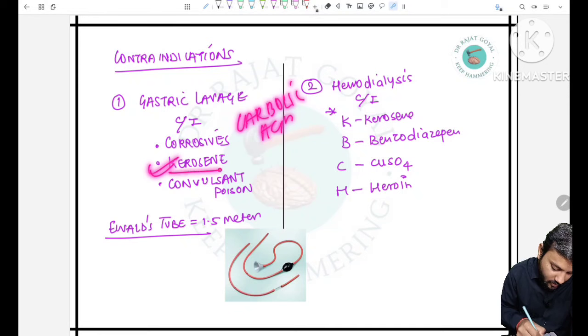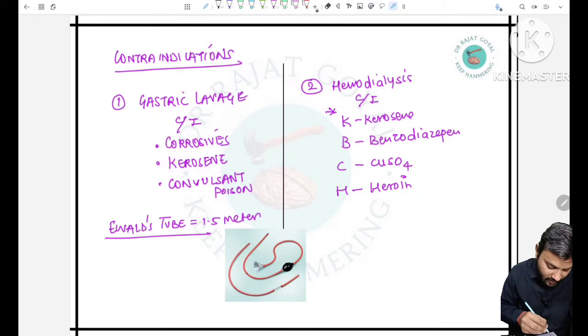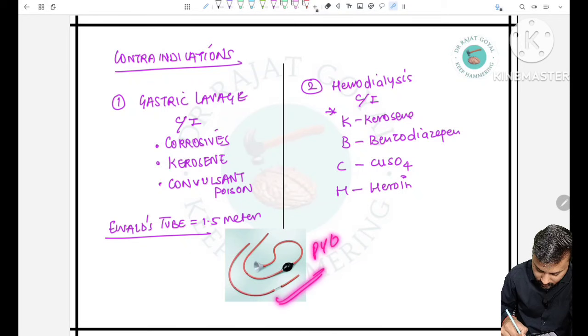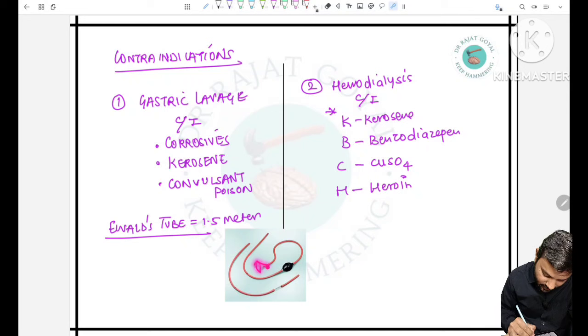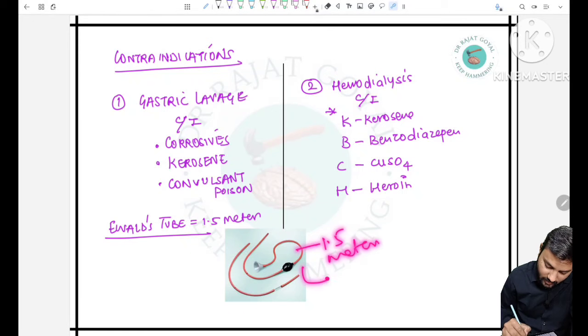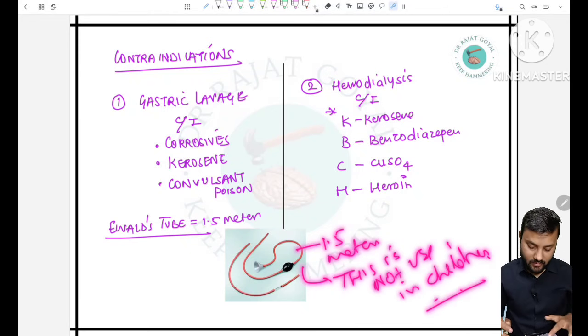Ewald's tube is used for gastric lavage, and it is a previously asked image-based question. In Ewald's tube a conical structure is present at one end, and it is 1.5 meter long. It is not used in children.